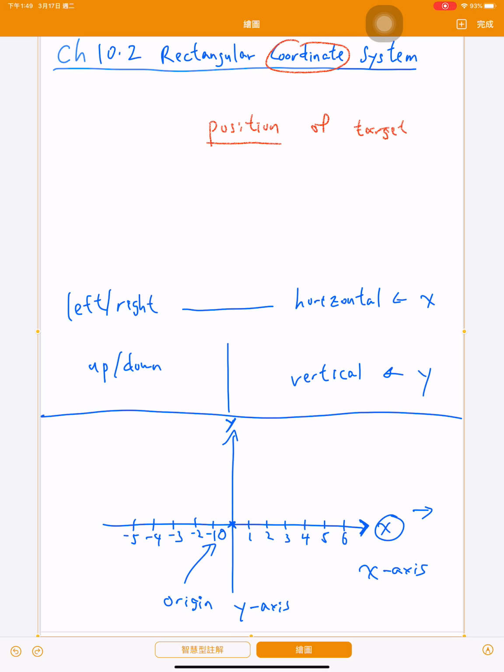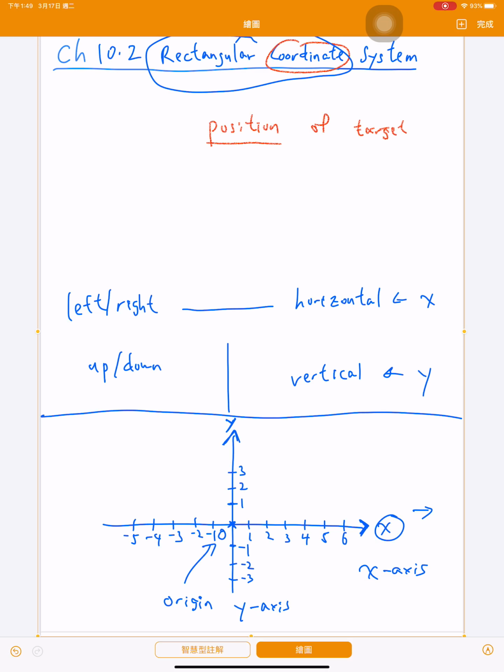Then the Y-axis is just similar. The arrow here means upward is +1, +2, +3, etc. Downwards on the opposite side is negative: -1, -2, -3, etc. So this is what we have to learn in this session.